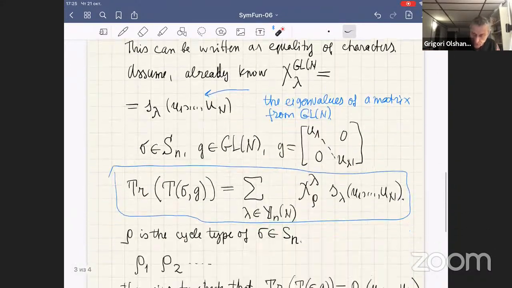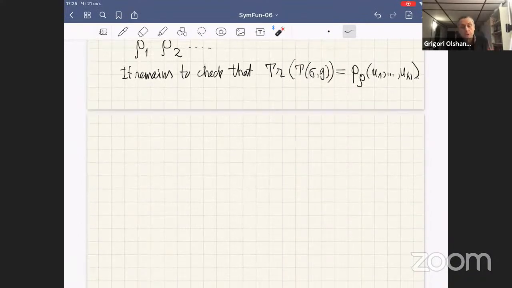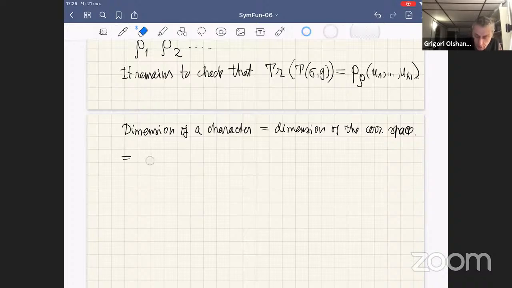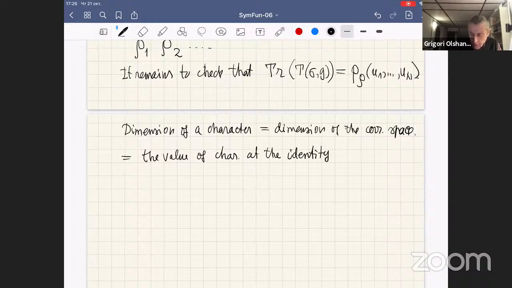What next? The next quantity which is attached to characters is the dimension. So this is the dimension of the corresponding space on which our representation is realized. What is the dimension? It is equal to the value of a character at the identity element.